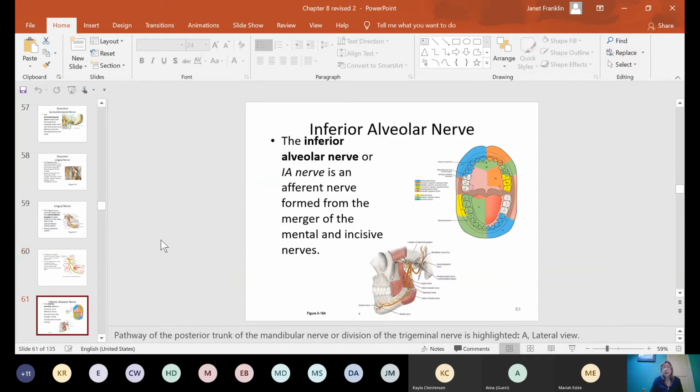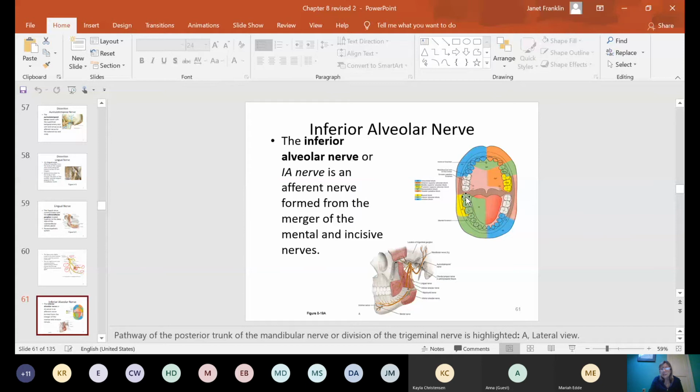Here's a picture of what the inferior alveolar nerve innervates and how it breaks into the mental incisive. So you can see right here's the mental foramen, and then these are the mental incisive branches. The inferior alveolar nerve anesthetizes this big green area.